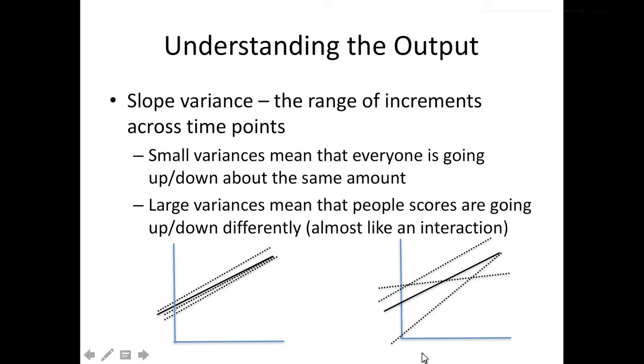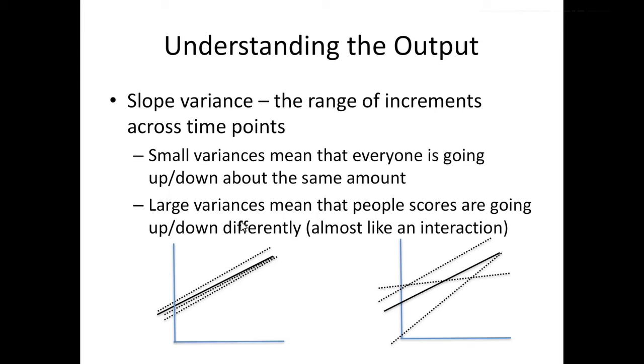On the right side here, this is a large variance. So the straight line here is the slope that we estimated overall, but some people are still positive, some people are even steeper, some people are flat. And this means that the scores are going up and down in different patterns for different folks. And this is where we get into an interaction in a sense.